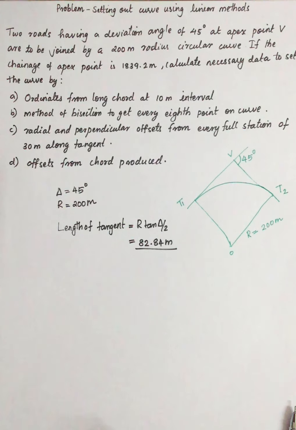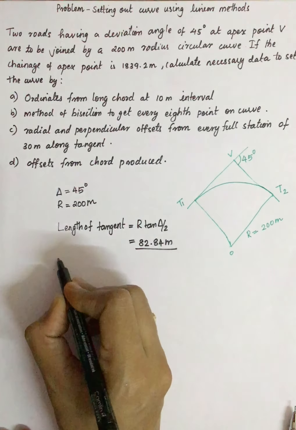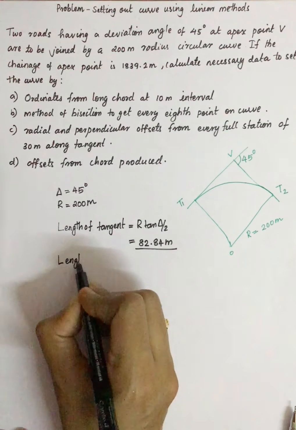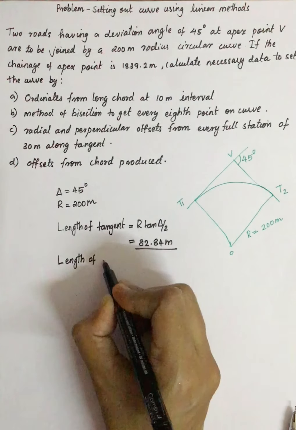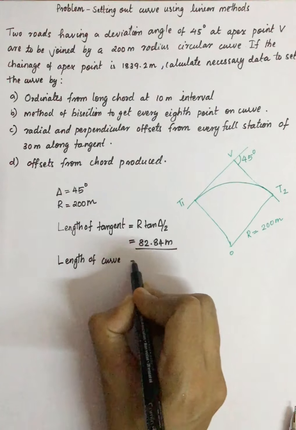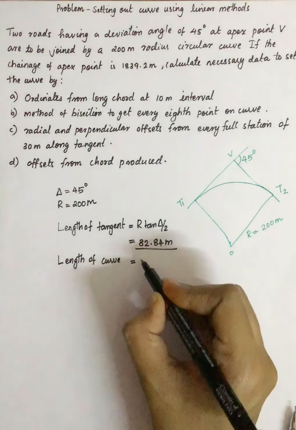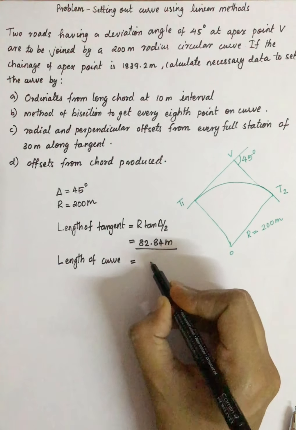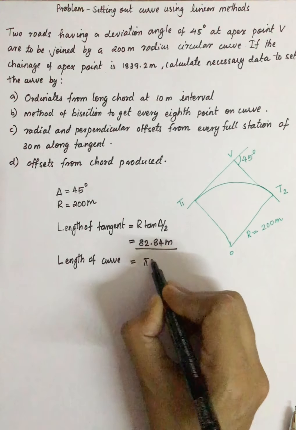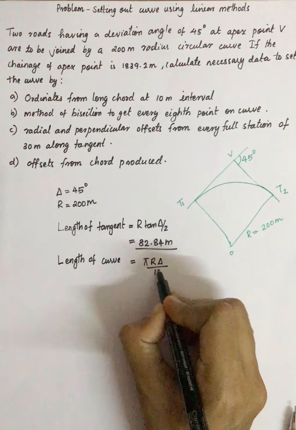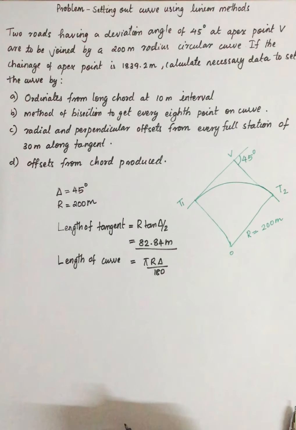Okay, now you can calculate the length of the curve. Length of curve, which is the equation pi R delta by 180, right?